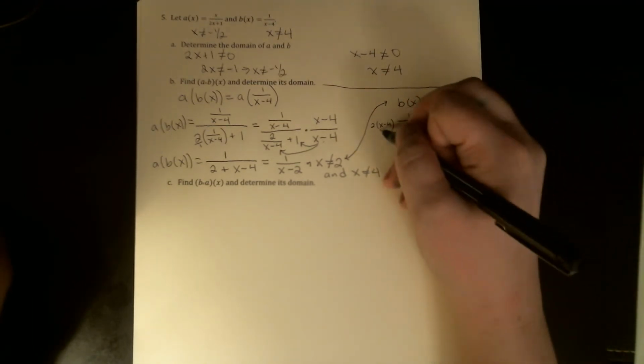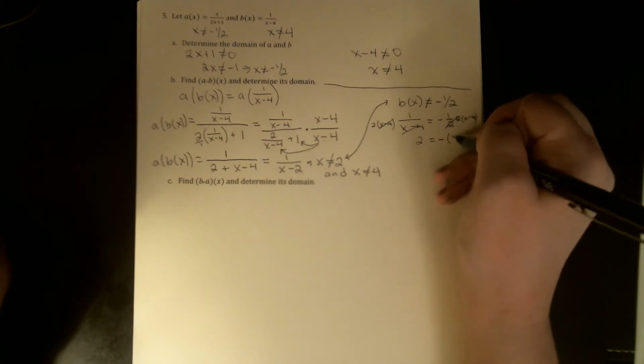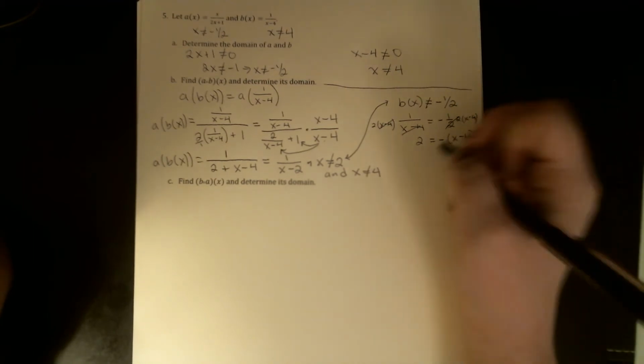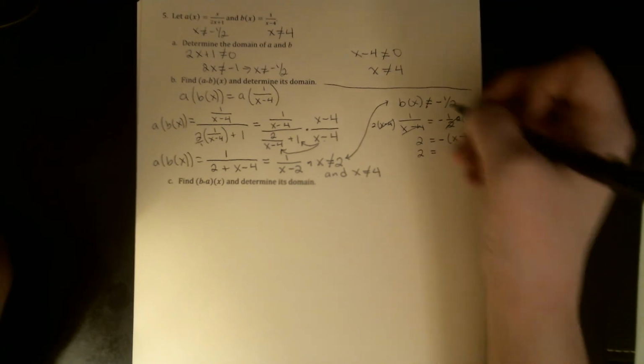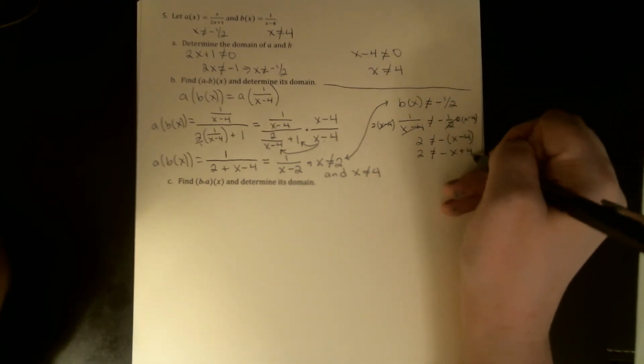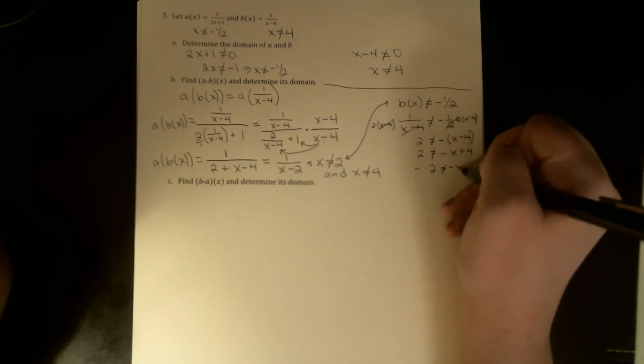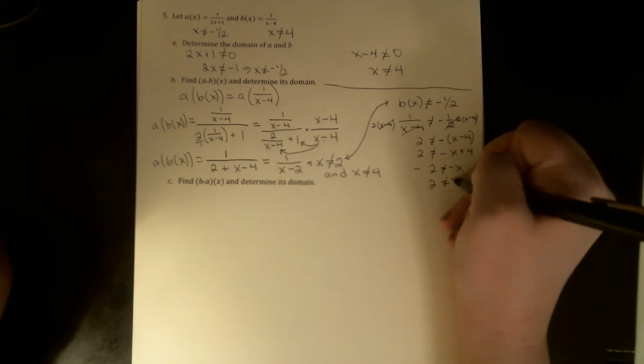And I get a 2 on the left-hand side, and I get a negative x minus 4 on the right-hand side, which means I have 2, oh, and let's make sure this stays a not equal, should not equal negative x plus 4, which means -2 should not equal negative x, which means x shouldn't be 2.